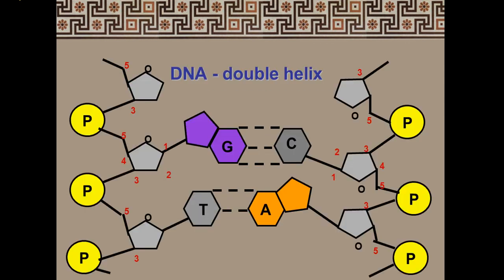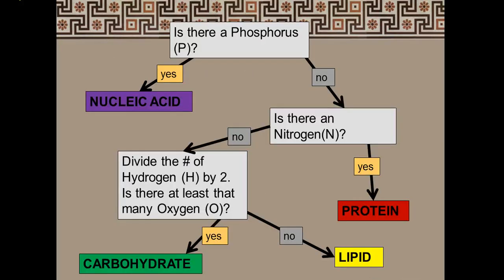Okay, and it also says at the bottom of your notes to copy down a chart, and this chart will help you identify macromolecules, which will be what you need to do in one of the other modules. So you might want to just pause that there and copy this chart down.